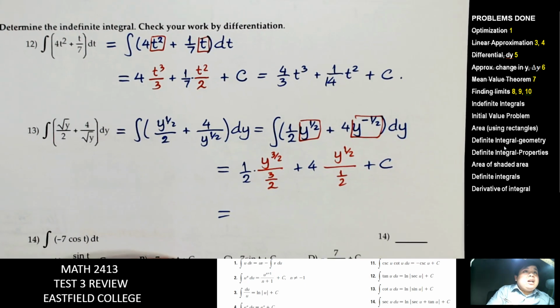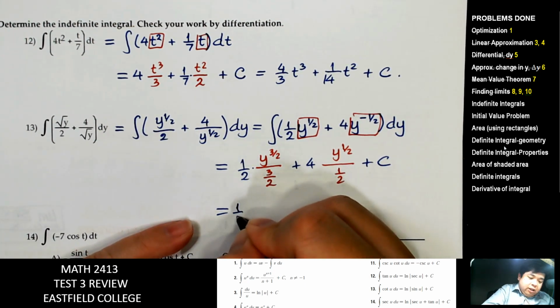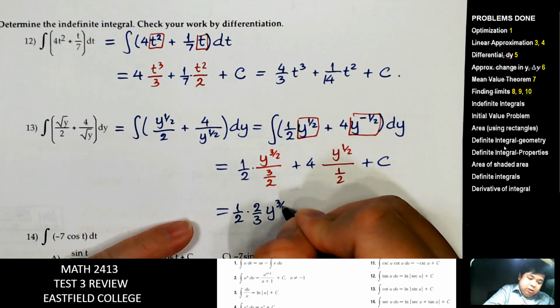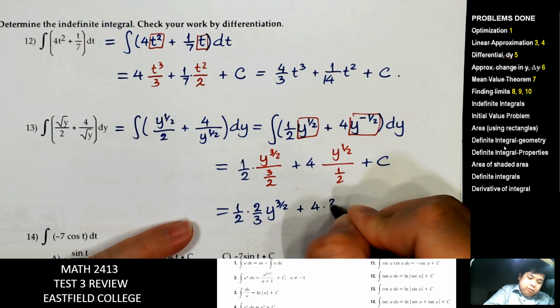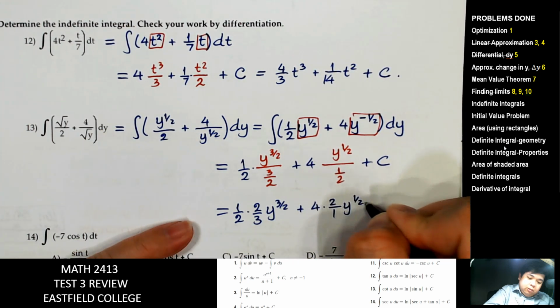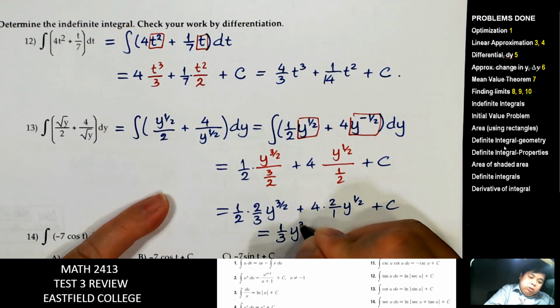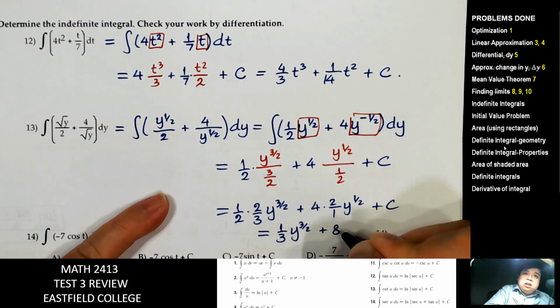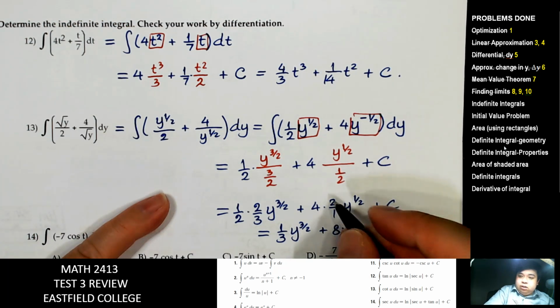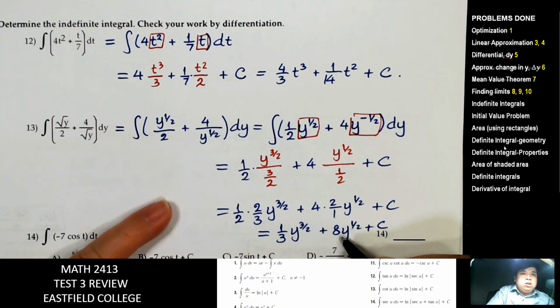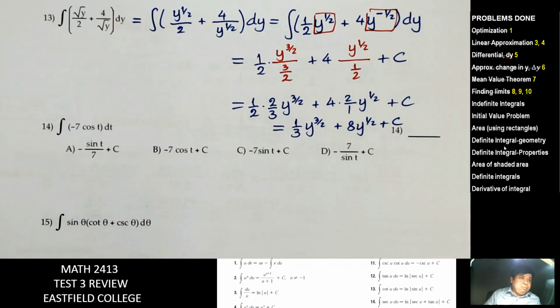Now next, divide by 3/2 is multiply reciprocal. So we end up with 1 over 3 y to the 3/2 plus 8 y to the 1/2 plus c. Of course you can rewrite that as a square root, but we don't need to.